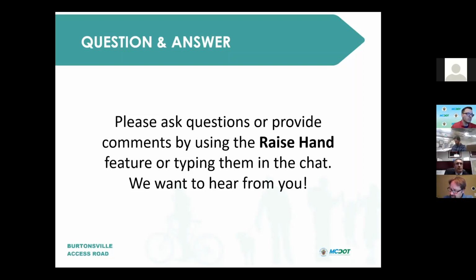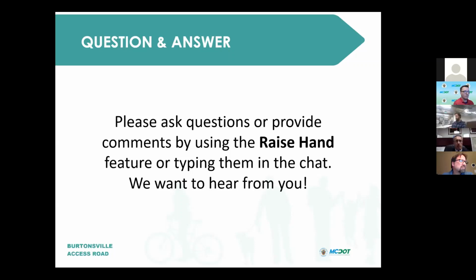Okay, I'll take those one at a time. As far as the property acquisition, we don't approach the property owners at this stage, which is concept or even preliminary design. Once we get the final design where we know exactly what the impacts are, what the property acquisition needs are, then we prepare plats, and then we turn it over to my colleagues in the property acquisition section.